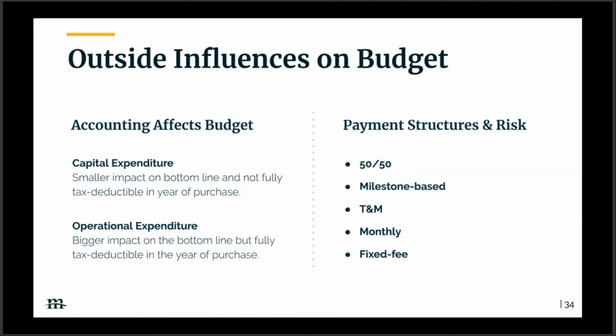Time and materials is very flexible, pretty self-explanatory. There's a monthly allocation that's not to exceed. That's typically done so that accounting and procurement knows what kind of check they're going to be cutting every month. And then there's the good old fixed fee, which is locking the project to a specific number. There's a lot of different degrees of risk to both parties, you and the organization. So these have to be taken very carefully.